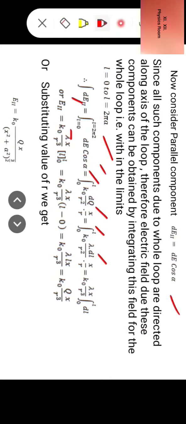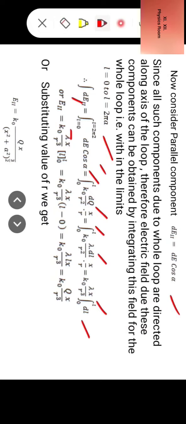So we have the expression integration 0 to L of k naught lambda dl by r square into x by r. Or we can simplify it and write it as k naught lambda x by r cube into integration 0 to L of dl.